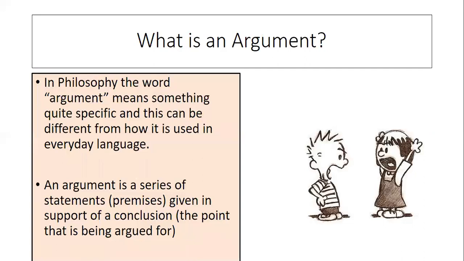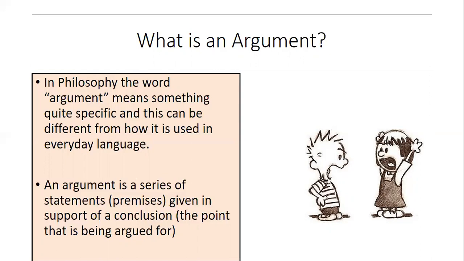So what's an argument? In philosophy, the word argument means something quite specific, and this can be different from how it's used in everyday language. An argument is a series of statements, which we call premises, given in support of a conclusion, the point that's been argued for. So for example, let's say premise 1, all cats have 4 legs.